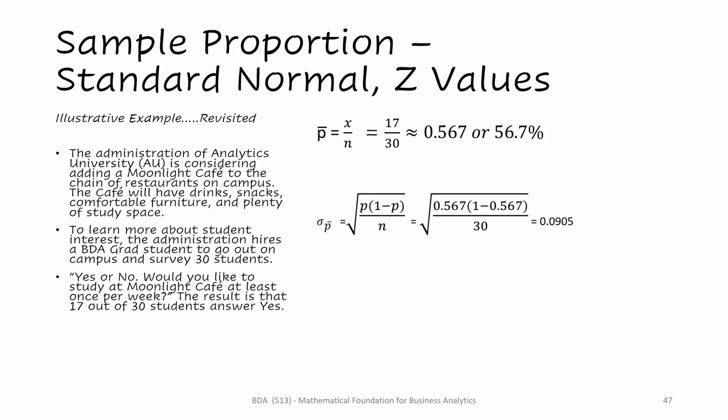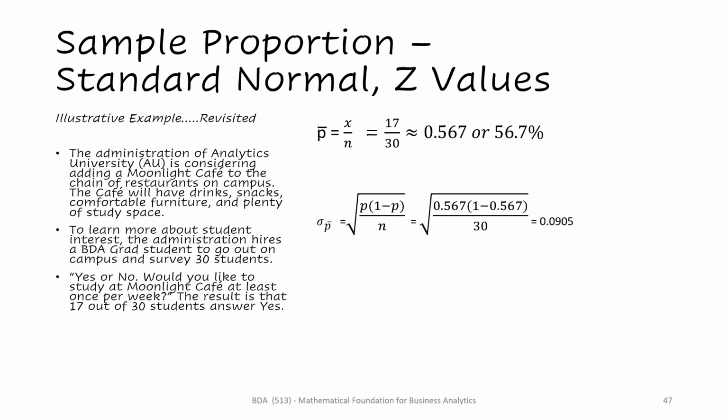Please, I wanted to be clear on whether we are to use the 0.567 or the percentage. All of them will give you the same thing. It's the same thing.